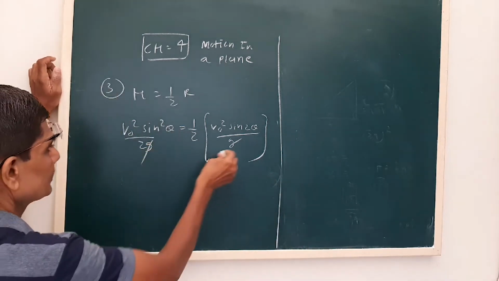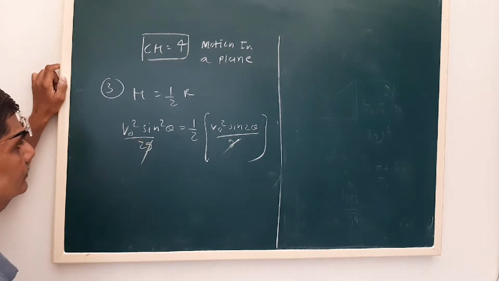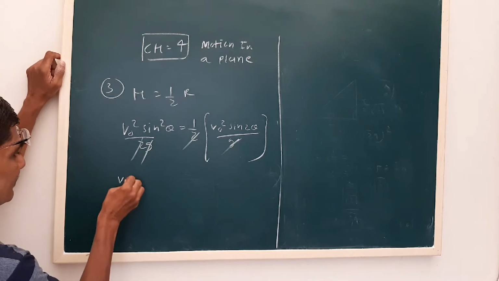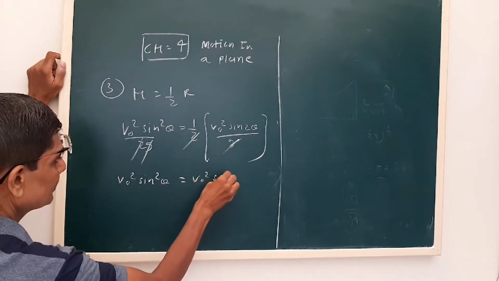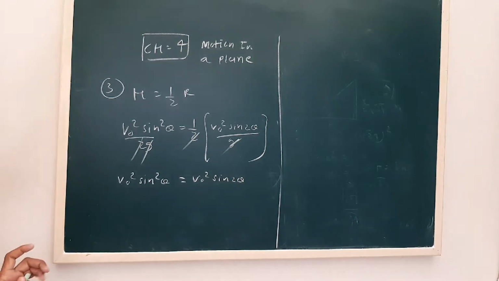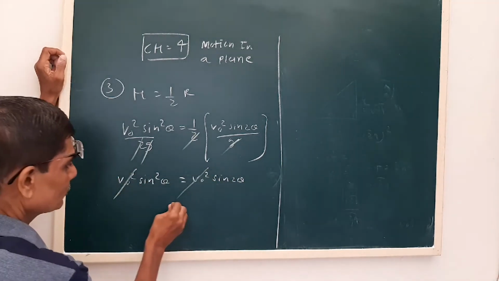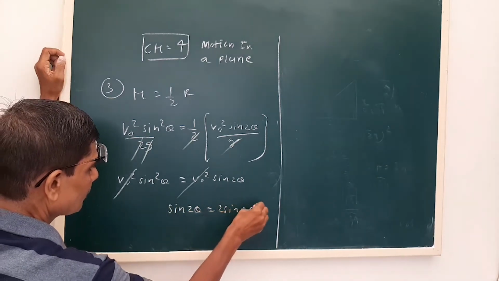This g will be cancelled, and the 2 will be cancelled. Now the v0 square is cancelled. Sine 2 theta formula is 2 sine theta cos theta.